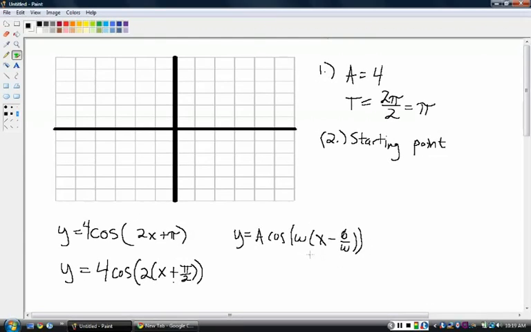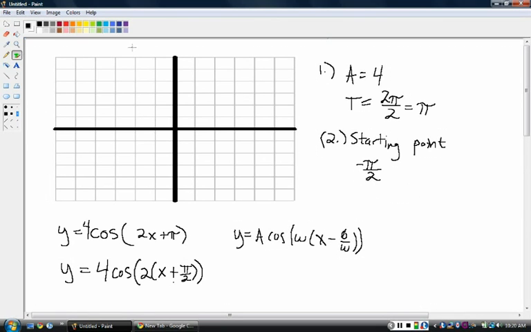Ours is almost like that, but we got a plus here. So what is our phase shift? Our phase shift is in fact negative, which means it's going to start at negative pi over 2.